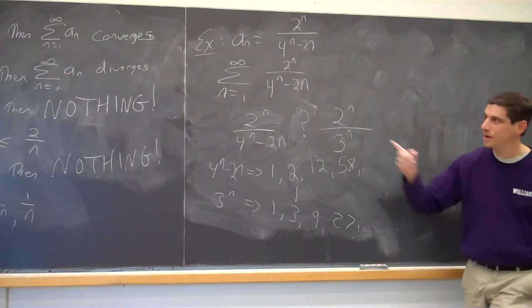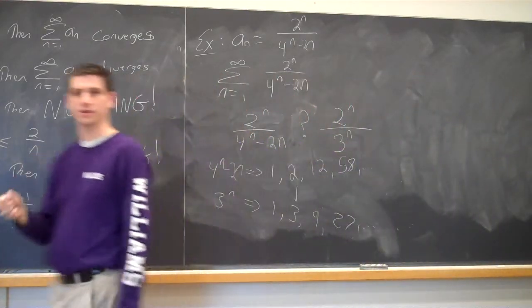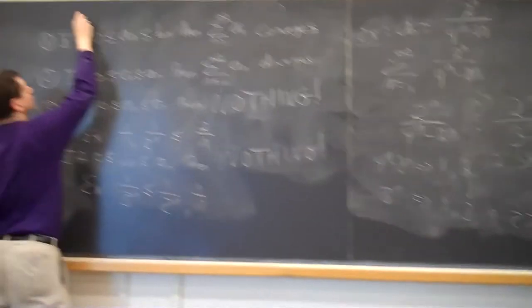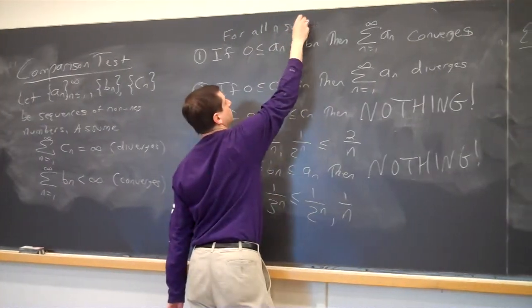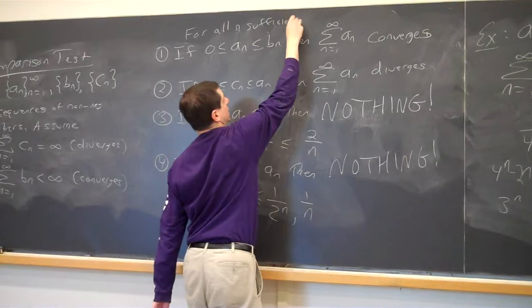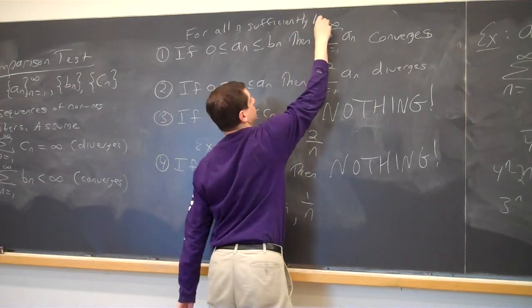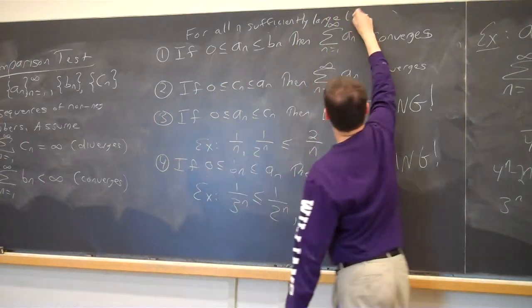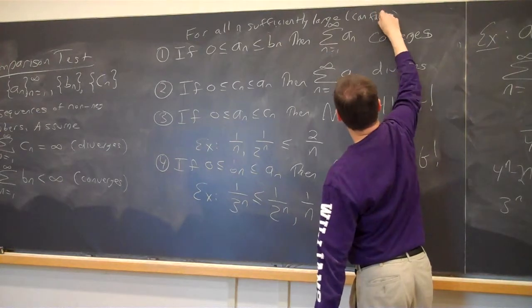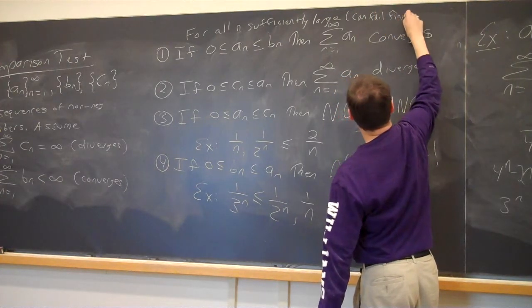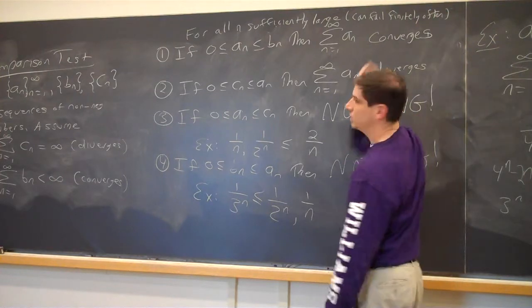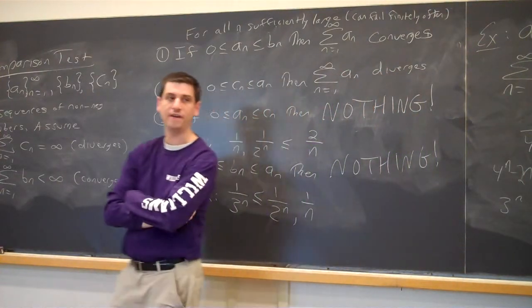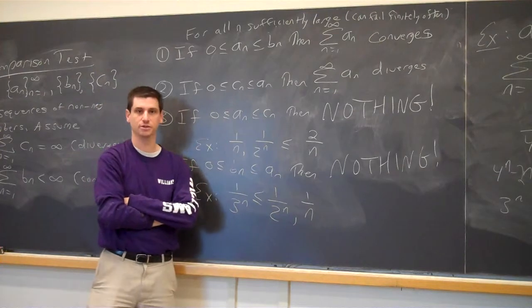But the idea is, if we go back to the comparison test, what we can do is, for all n sufficiently large, it can fail finitely often. So we can throw away finitely many terms of the two series.